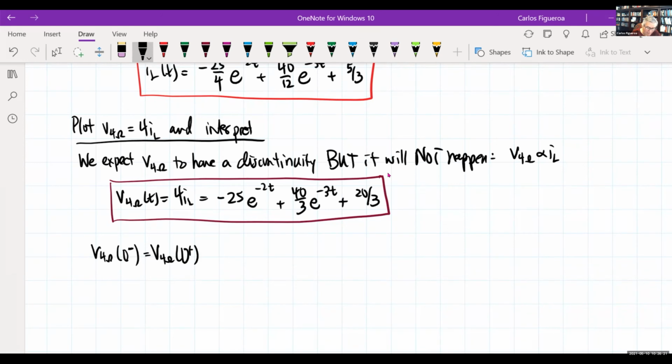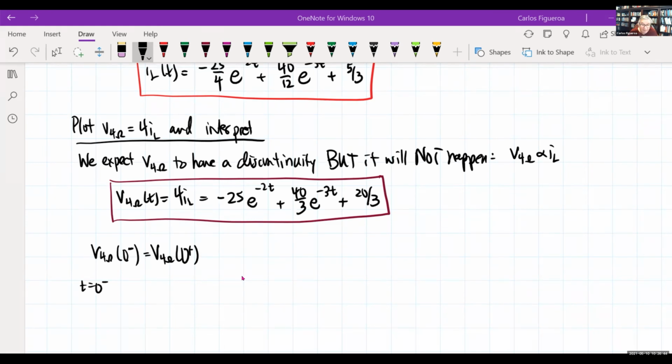Now let's look at the circuit at 0 minus. Let me go get that circuit again. So if I come in here, what did I see?